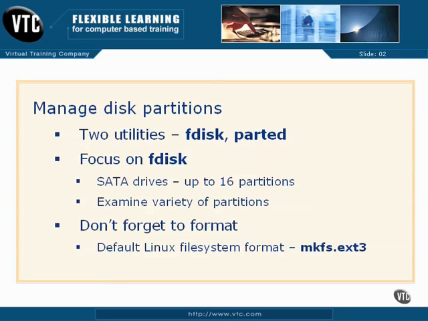Back to the subject of the video, SATA disks, which are the newer standard for both laptop and desktop systems. Linux can handle up to 16 partitions on a SATA drive. Examine the types available for a partition.